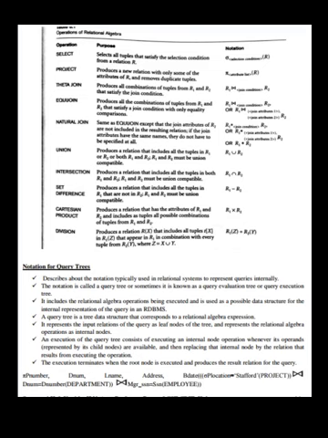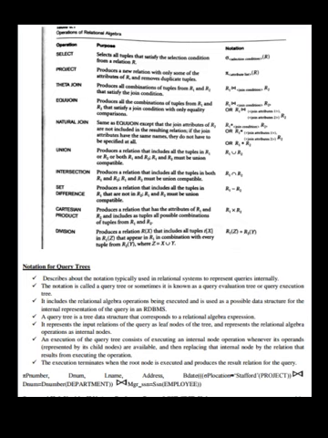The query tree is a tree data structure that corresponds to a relational algebra expression. It represents the input relations of the query as leaf nodes of the tree and represents the relational algebra operations as internal nodes.